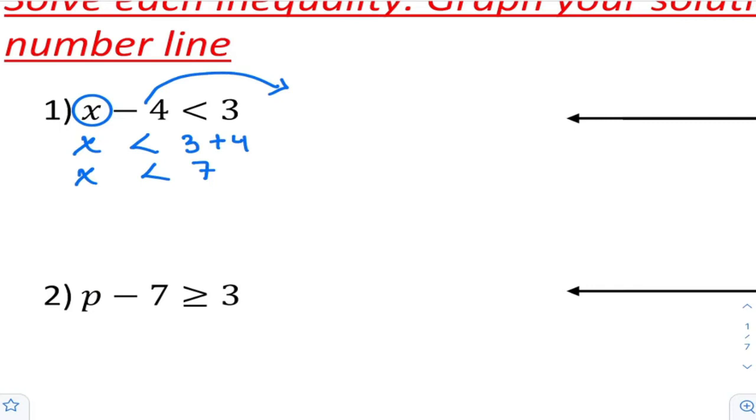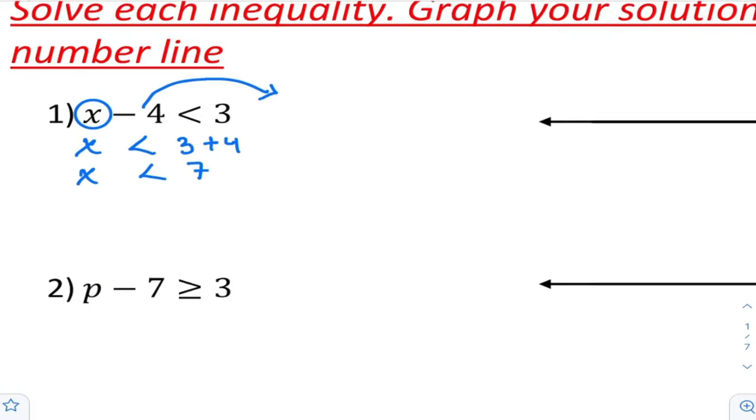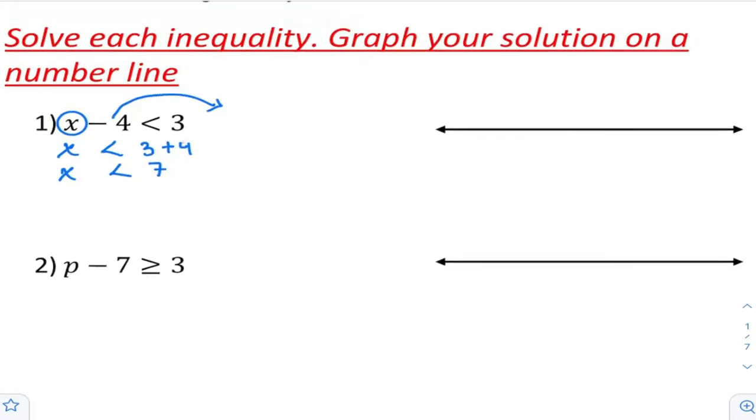X less than 7 on the number line can be shown as follows. If you have a number line and this is number 7, X less than 7 means all numbers that are less than 7. That means it will be to the left of number 7, but not including 7.